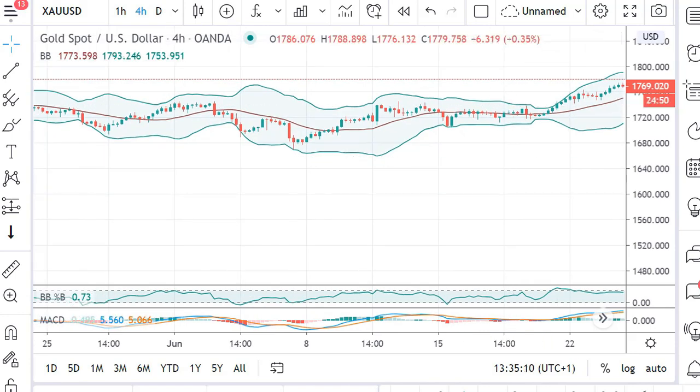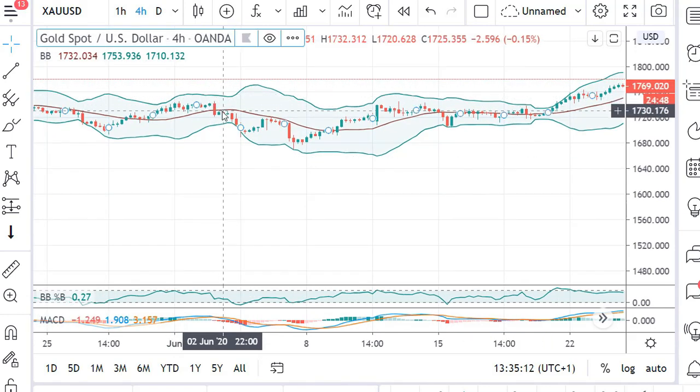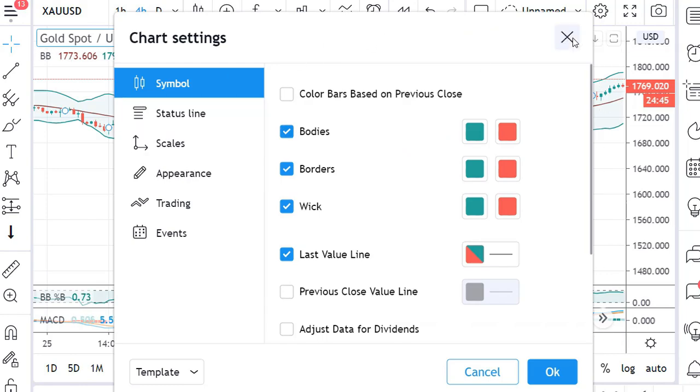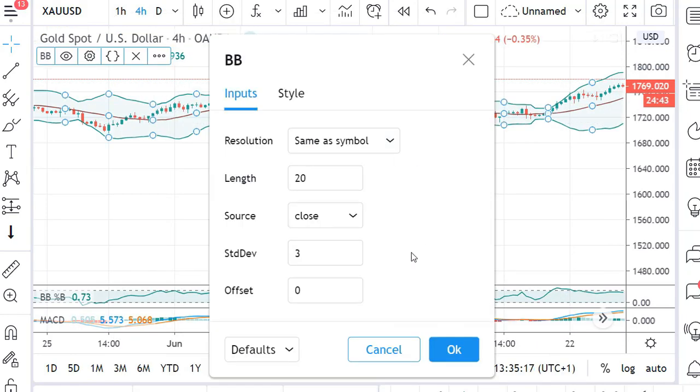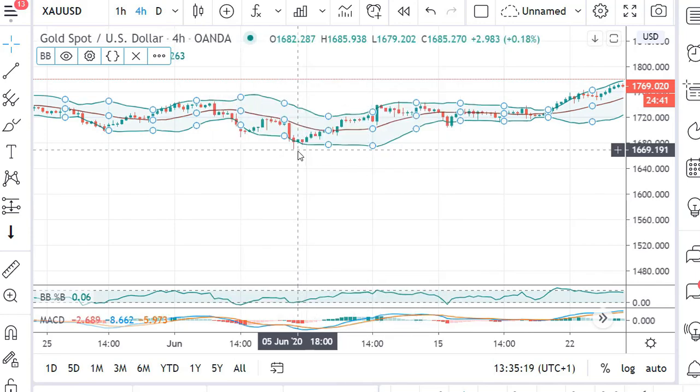It can also be used as a reversal. Let's just take it down to 2 standard deviations again here.